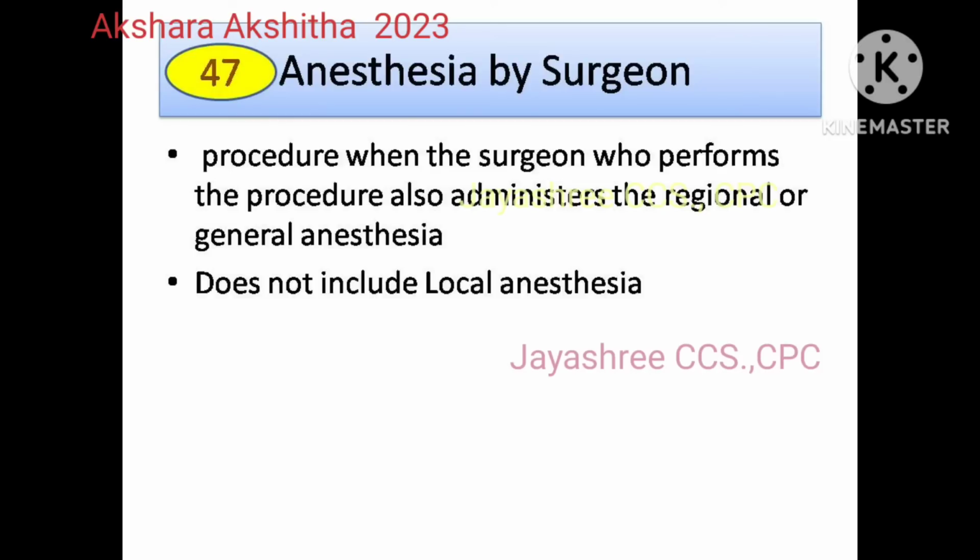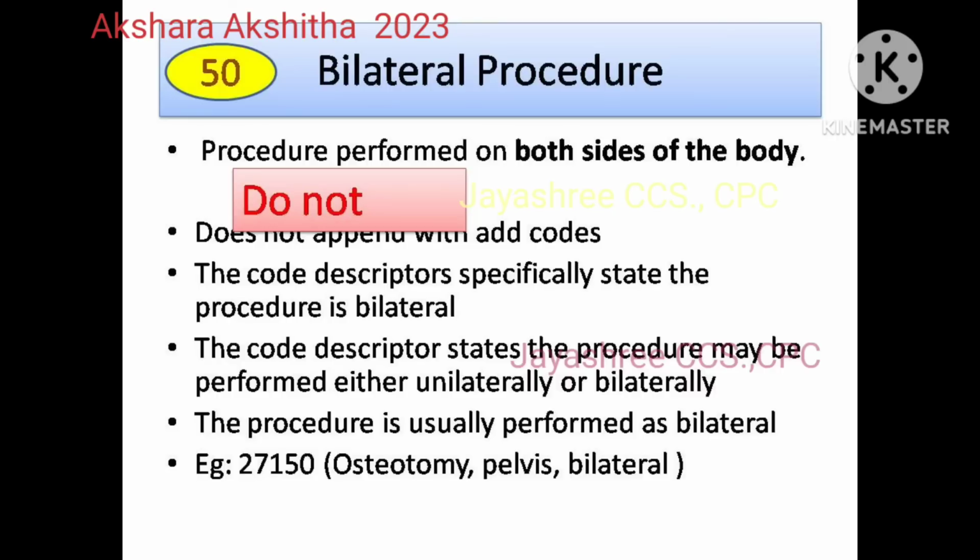If either one of these anesthesia types is mentioned, then we can append the 47 modifier. Simply, the same surgeon doing anesthesia as well as surgery, at that time we need to append the 47 modifier.